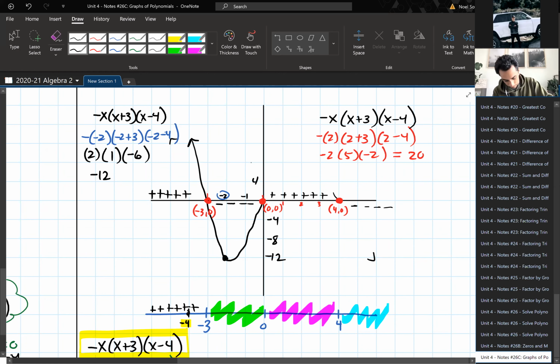I guess it's good I went by fours, because that'd be 4, 8, 12, 16, and 20. So at positive 2, that height is way up here. I want to make sure I hit that point too. All right, and there it is.